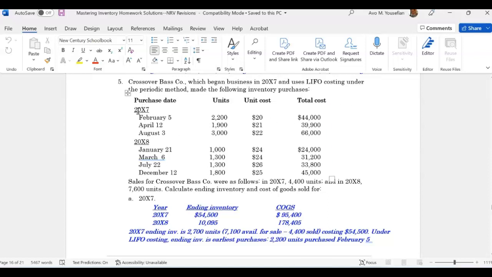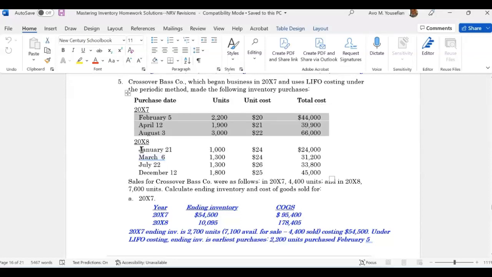So in 2017, it was a startup company, so beginning inventory was 0, but they purchased 3 times, several units at different cost, and that's the total cost.